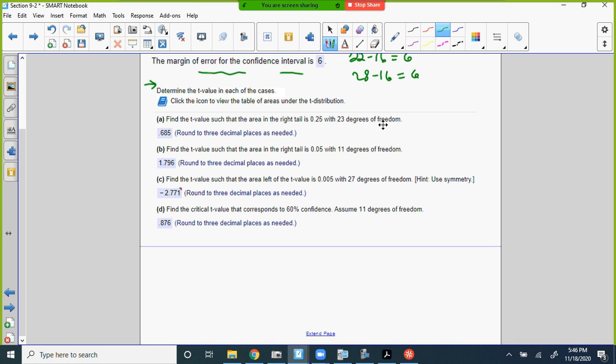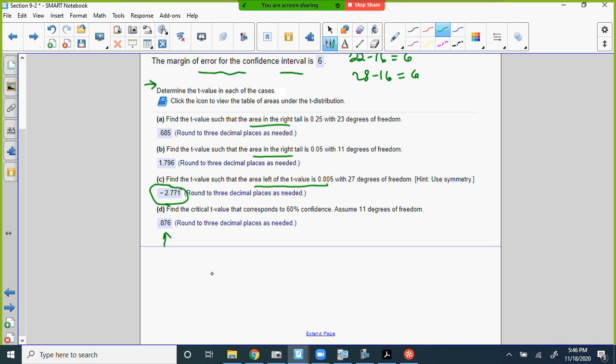Area to the left would be negative, right? So let's look at this as an area on the right and an area on the left. Look at its answer right here. What did I miss? I didn't put the negative there. That's the only thing on that. I just got sloppy. And then we're going to talk about finding a critical value, right?